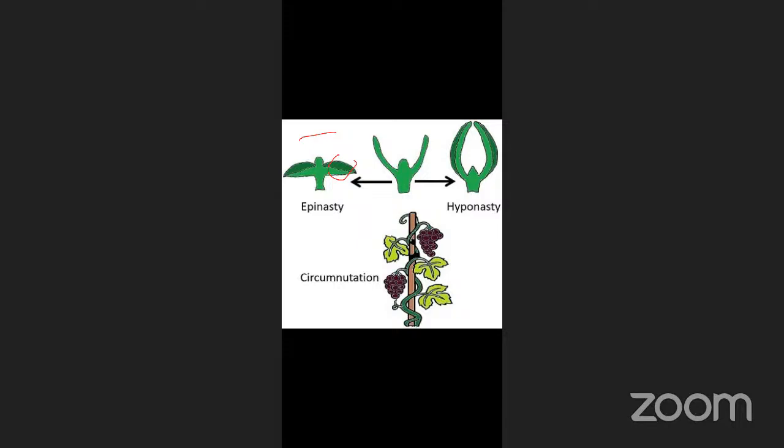Actually, this is the leaf, but this leaf appears with two edges like foldings. Mostly in epinasty movement, these edges go downward, not upward. The leaves move downward like this. So this is called epinasty. So epinasty is also done by abscisic acid. Next, another physiological activity.